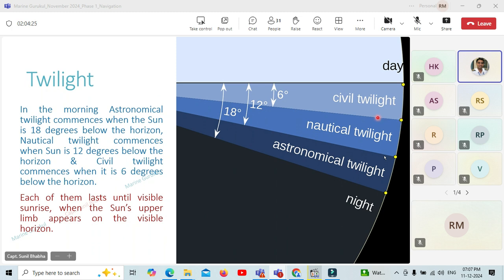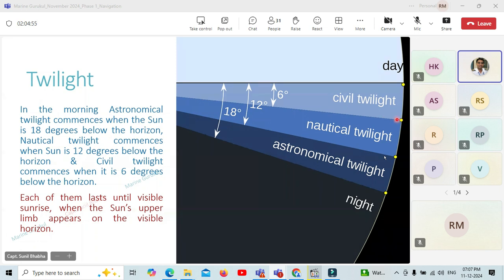Now, as the sun comes closer to the horizon, from 18 to 12 and from 12 to 6, more and more light is visible to us on the eastern horizon. At the instant when it is just 6 degrees below the horizon, there is so much light on the eastern horizon that stars as well as planets start to disappear.